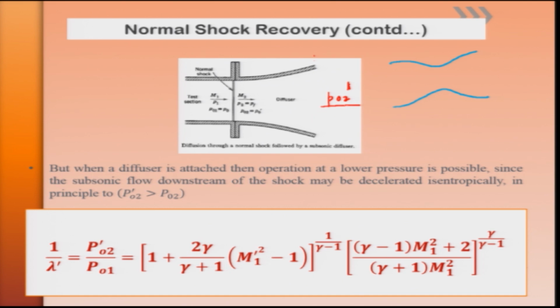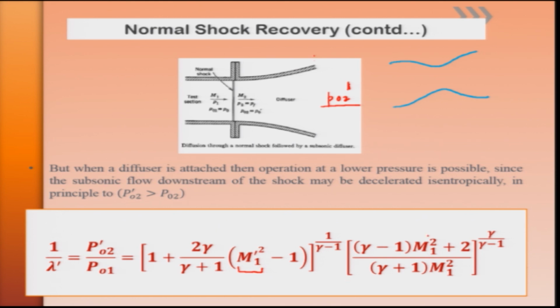In such a case, if that becomes PO2 dash, then likewise we derive the earlier expression, we replace PO2 with PO2 dash, and we can write the expression PO2 dash by PO1, and hence the Mach number changes from M1 to M1 dash.